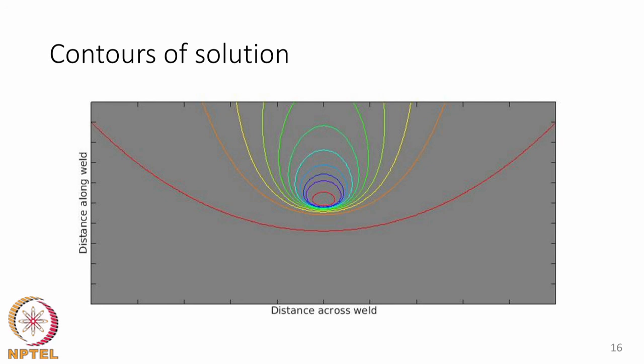By drawing two contours corresponding to the liquidus and the solidus, you can see what would be the width of the partially melted zone, and by drawing contours between the solidus temperature and the temperature when the microstructure is going to change significantly, you can find out what would be the width of the heat affected zone. So, you can see that the analytical solutions that are available from Rosenthal's approach can be used to estimate as a first order what would be the widths of various zones in the weldment.